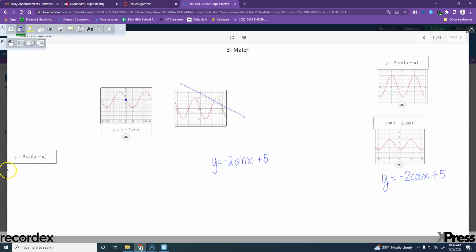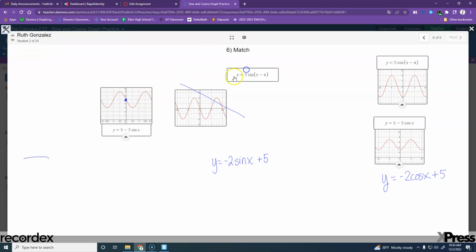All right, so these two right here that we have left, midlines should be at 0 on both of those. That looks good. Amplitude should be 2 on both of those, so that's not going to help us distinguish, right?